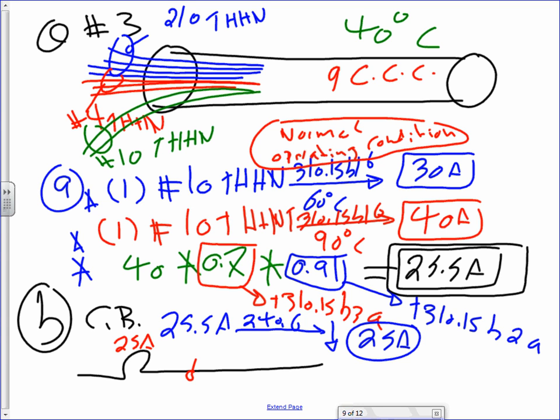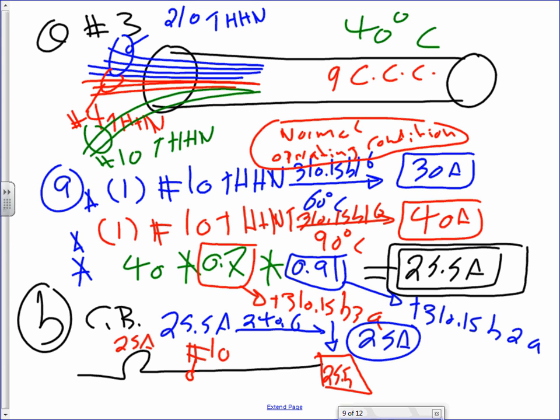Your conductor here is number 10. And your load here cannot be more than 25.5 amps. And obviously, if the breaker is 25, it will limit the load to 25. The load can be 25.5, but if I put in a 25 circuit breaker, I'm actually limiting the load to even less than 25.5. Any comments, any questions?